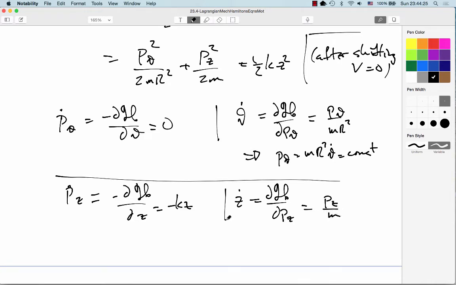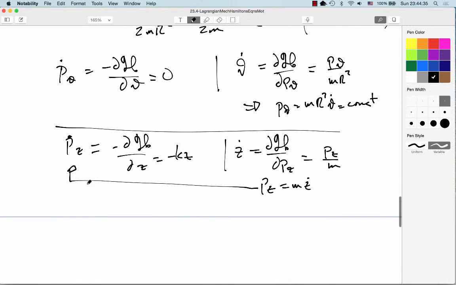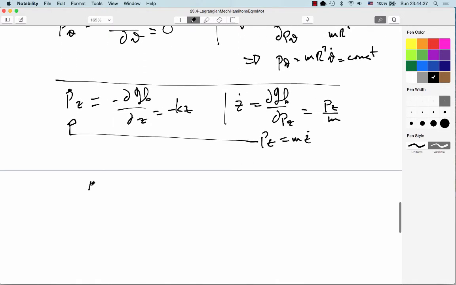All right, so we get that pz is m z dot, and then we can stick that in over there to give me m z double dot equals minus kz, or getting into canonical form, z double dot plus k over m z equals 0.